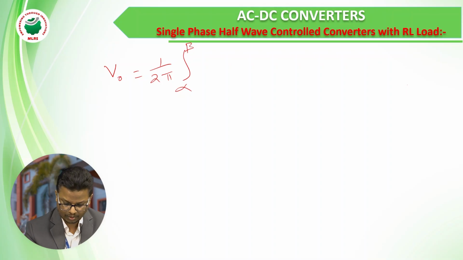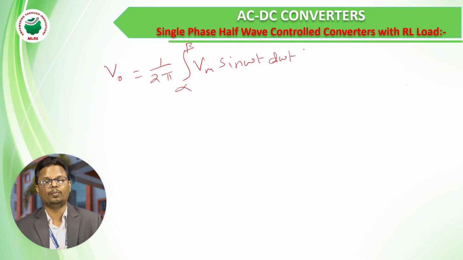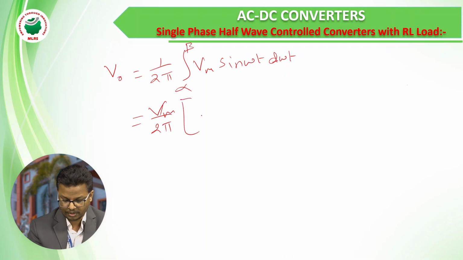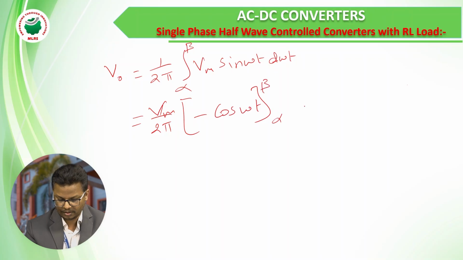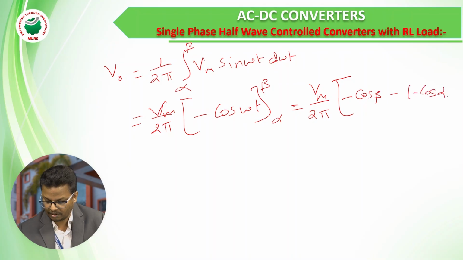So here we have the equation Vm sin omega t d omega t, with 1 by 2 pi. If you take the integral, it becomes minus cos omega t from alpha to beta. Substituting the limits, we get minus cos beta, and minus into minus cos alpha.